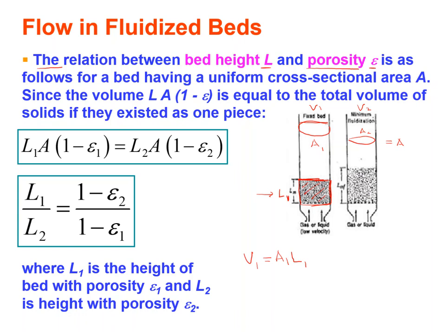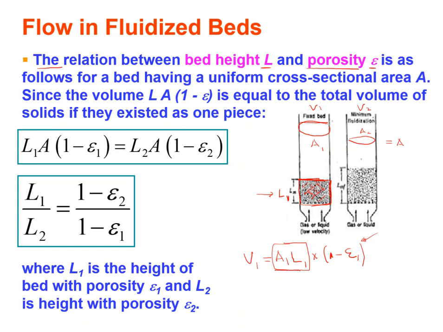But please notice I'm talking about the particles. So this is the volume of the bed. And since I'm talking about the particles, I have to multiply this by 1 minus epsilon 1. Why? Because if you remember, this is the ratio of the particles in the bed divided by the total volume.